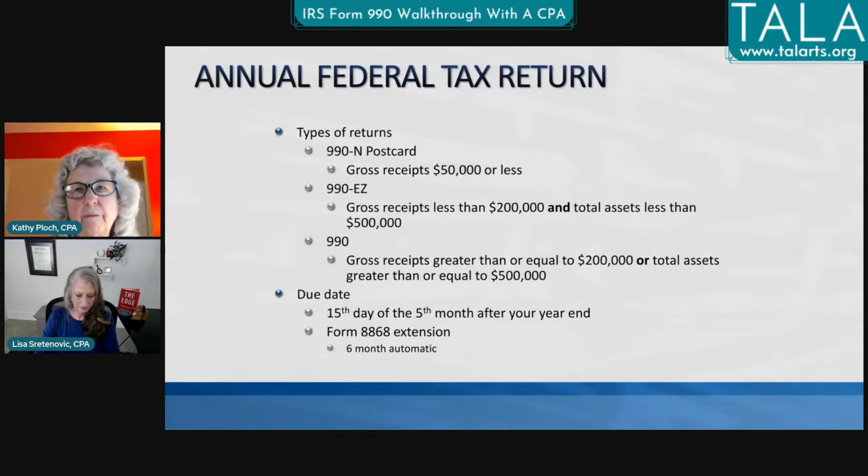I have a couple of clients that have less than 200,000 of gross receipts, but they have assets that are more than the 500,000. So I have to file a 990 even though their gross receipts are less. And I do want to emphasize, when I say gross receipts, I'm not talking about what your net is after expenses. I'm talking about your total gross receipts, or what you have received in income.